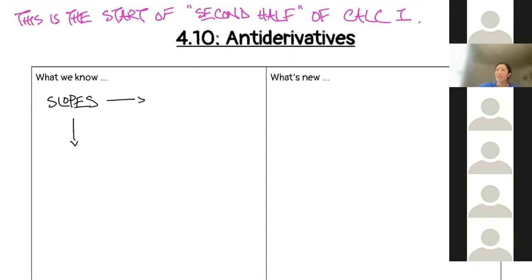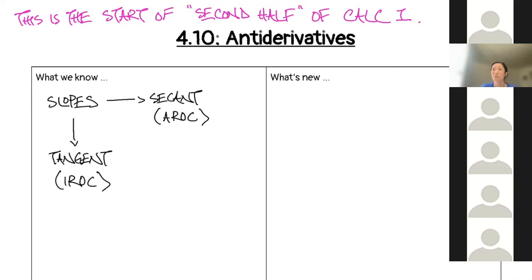Okay, so we've got a secant line, so slope of the secant line, and that would, in our brains, cue us for average rate of change. Okay, and then you're right, we sort of have slopes of what we call tangent lines, and that would be more like the instantaneous rate of change. Okay.